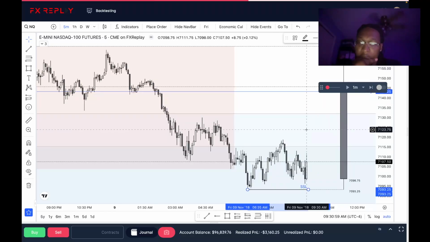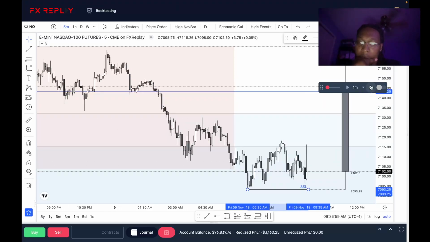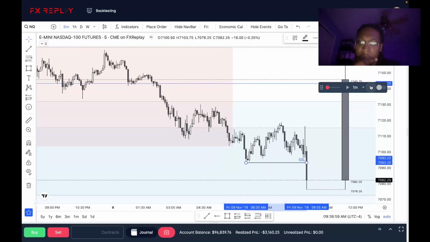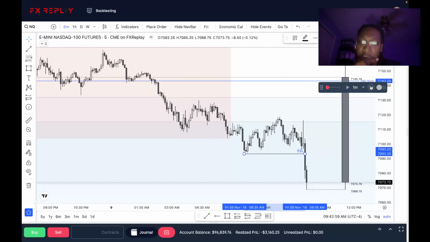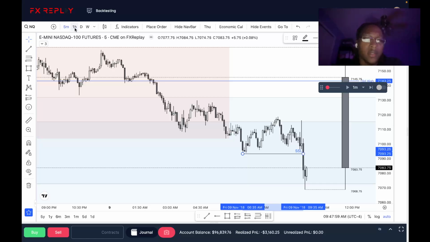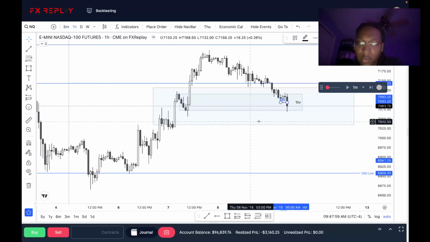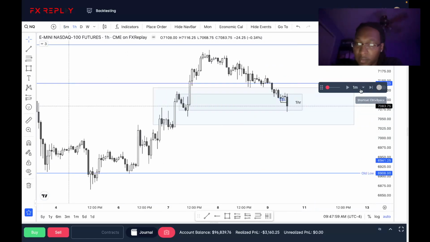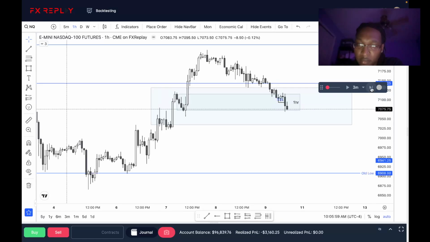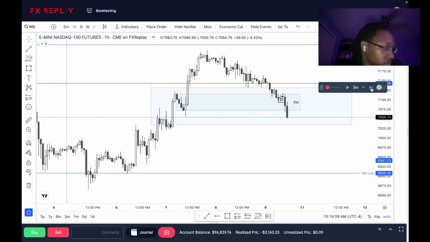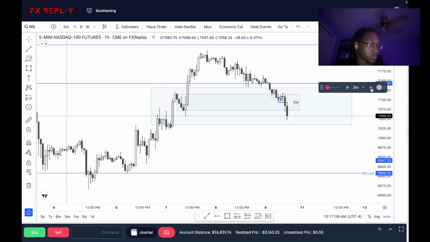This looks like 9:30. There's the run. Looks like we're going to continue running lower. Hourly. Yeah, continue to run lower.